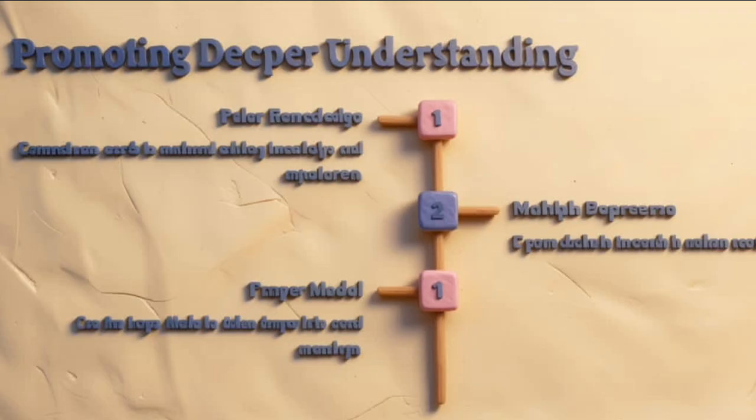Promoting deeper understanding. We have prior knowledge, so the action here is to connect new words to what students already know. The purpose is to help students anchor unfamiliar terms with their own life experiences. Also, we have multiple exposures. Here, present the words in varied contexts over time.